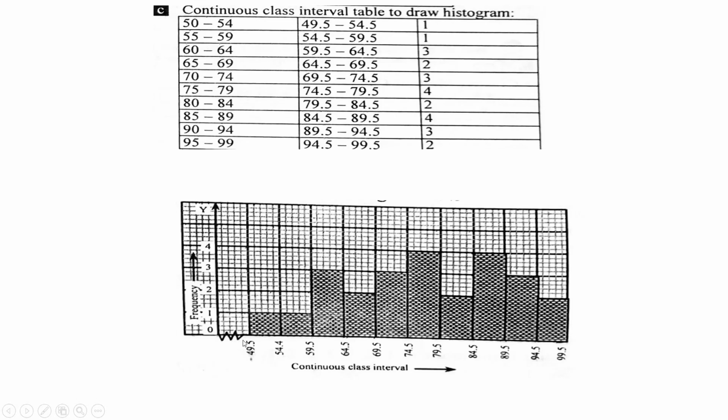The broken segments have been used to show the presence of previous squares starting from the origin to 49.5. So this is the histogram. I think you all understand this.